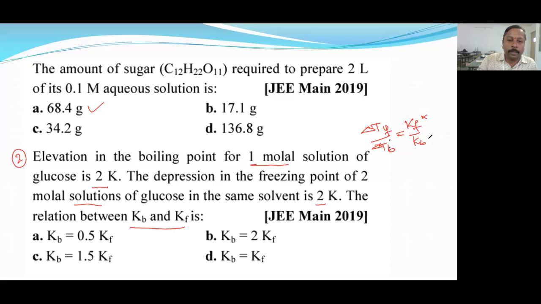For freezing point it is a 2 molal solution, and for boiling point it is 1. So by simplifying you will get Kb is equal to 2 Kf.